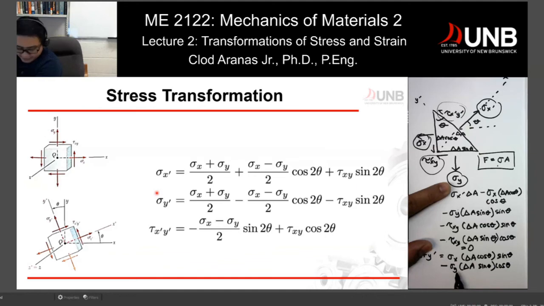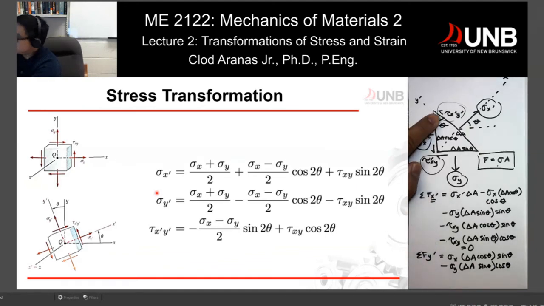So that's for this guy right here. Now we have this component contributing to our stress, which is in a positive direction. So that's tau x prime y prime, and the area is delta A. So that's positive.